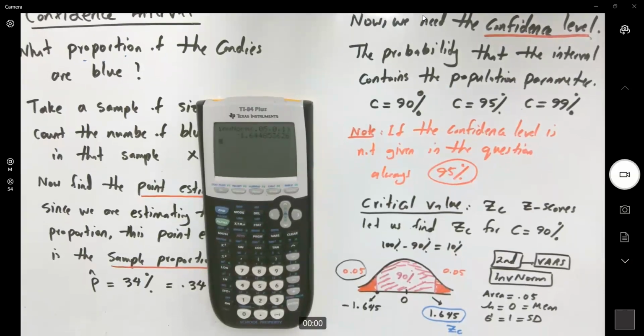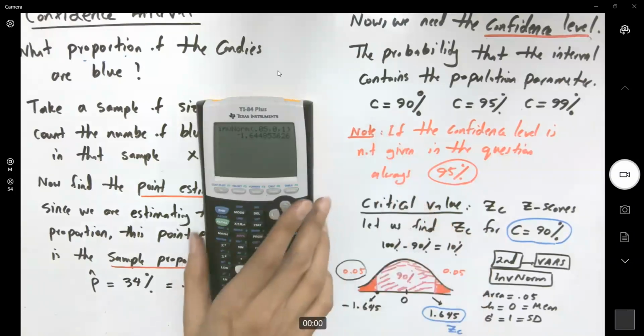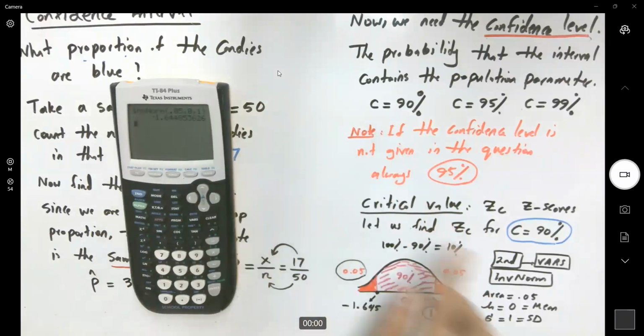We found the critical value for 90% level of confidence. So if the level of confidence is 90%, the critical value is always fixed, and it is 1.645. Very good. Let us write this down here, then move on to the next calculation.